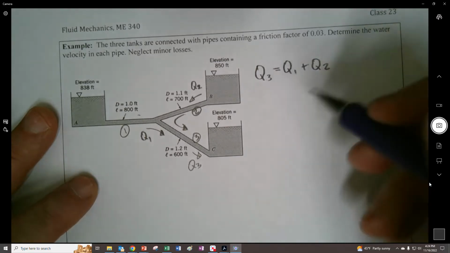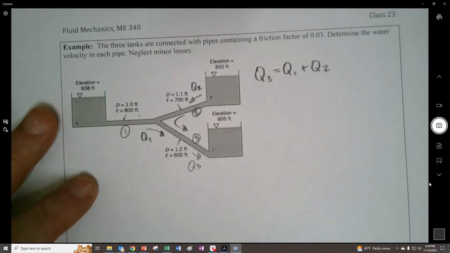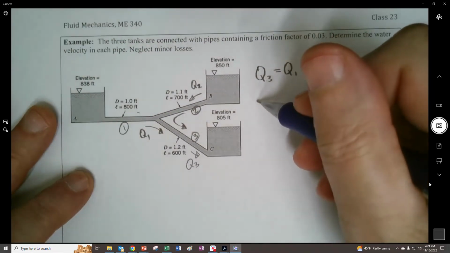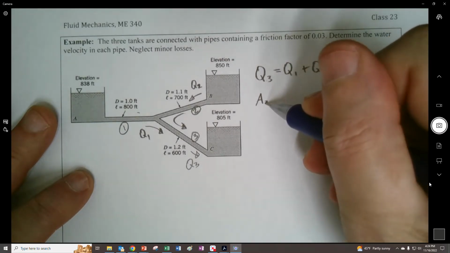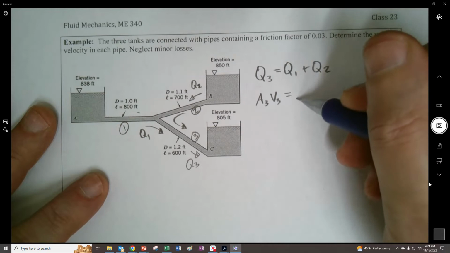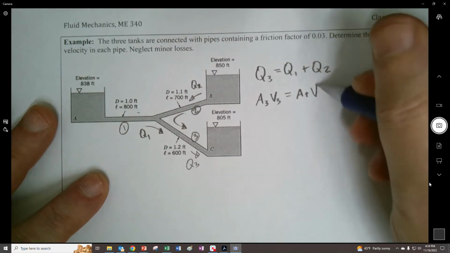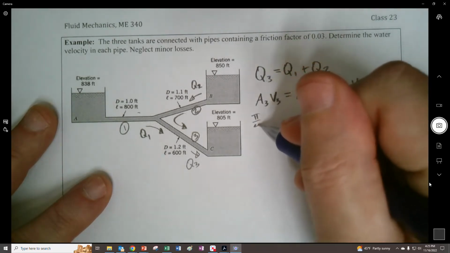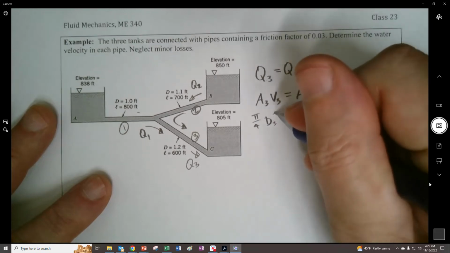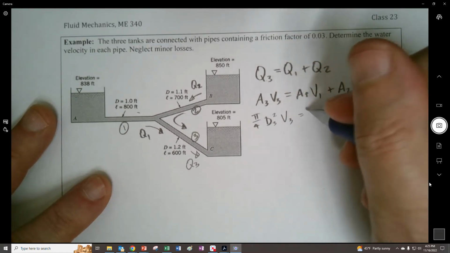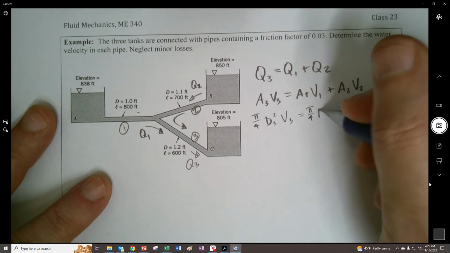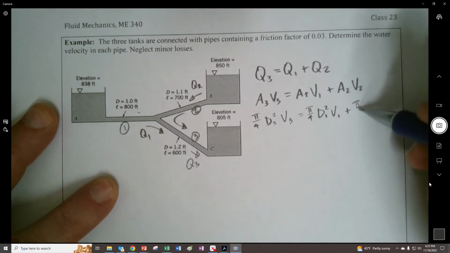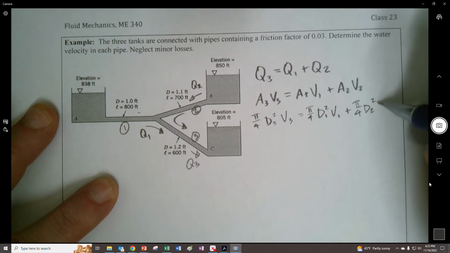We're going to do everything in terms of velocities because we need velocities to be able to use this friction factor. So we say that A3 V3 is equal to A1 V1 plus A2 V2, or pi over 4 D3 squared V3 equals pi over 4 D1 squared V1 plus pi over 4 D2 squared V2.